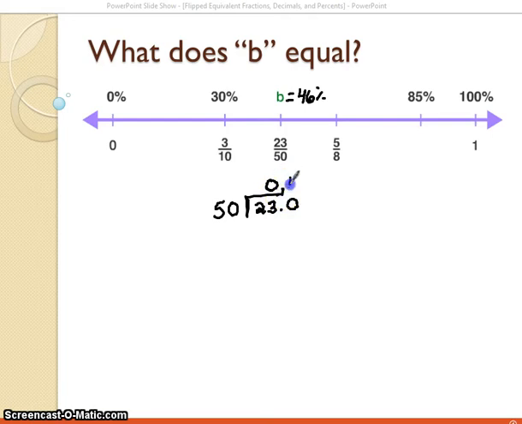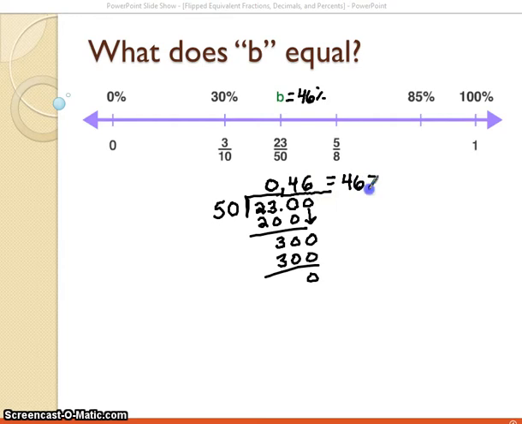It would go in 4 times, which would be 200. You would have 30 left over. Add another 0 and bring it down. 50 goes into 300 6 times, which is 300. This is our decimal, not our percent, but we know that this means out of 100. So it would be equal to 46 out of 100, or 46%.